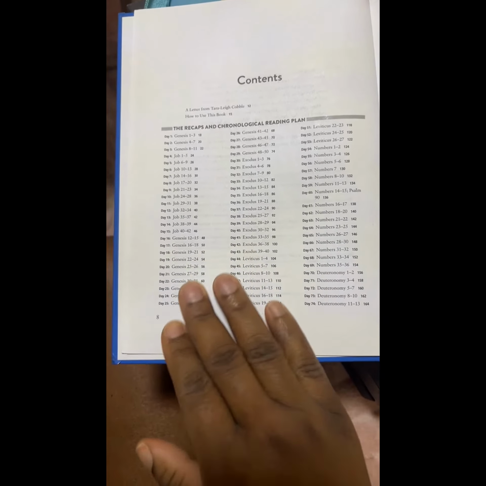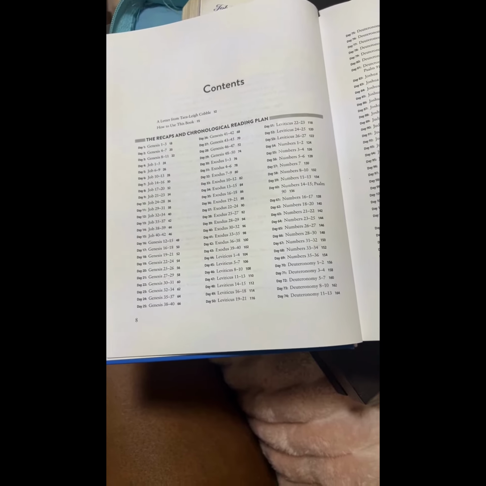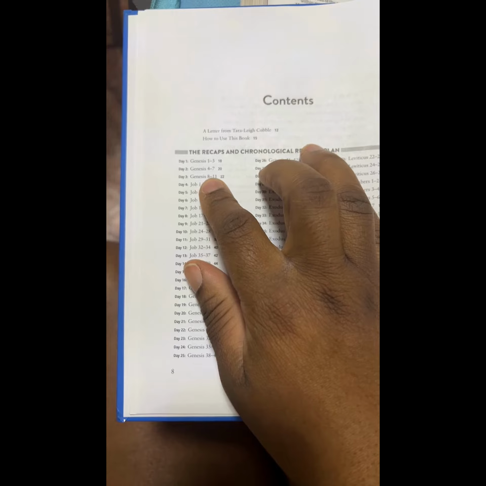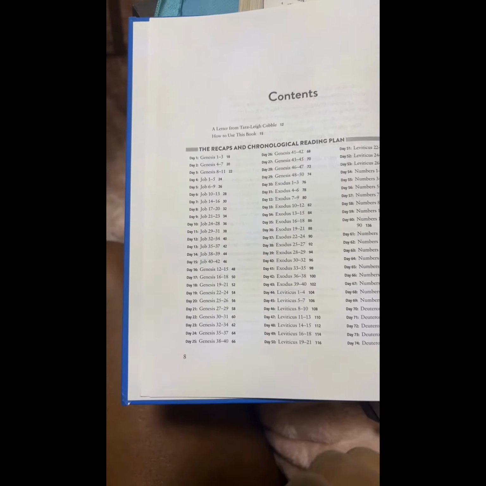book. Chronological versus canonical is the order of events the way they happened, which as you see, it goes from Genesis 1 through 3, 4 through 7, 8 to 11, and then it skips over to Job, and then back to Genesis.